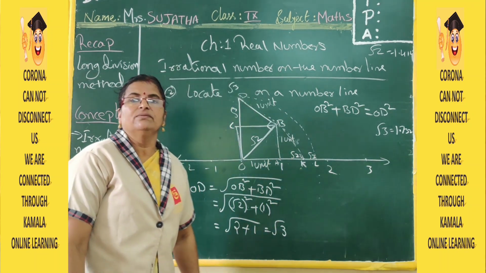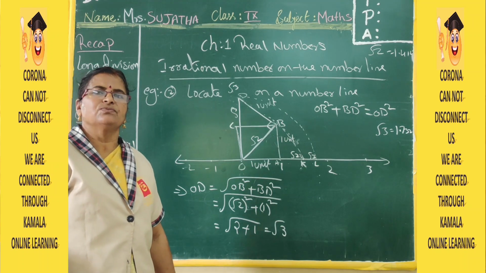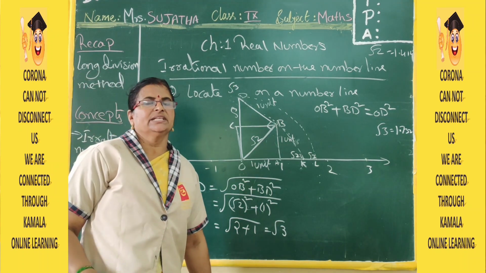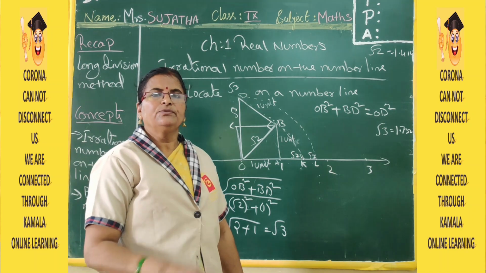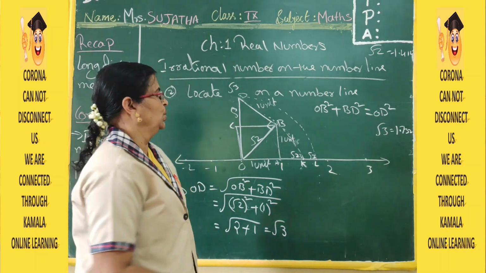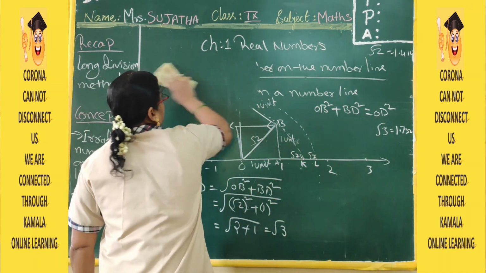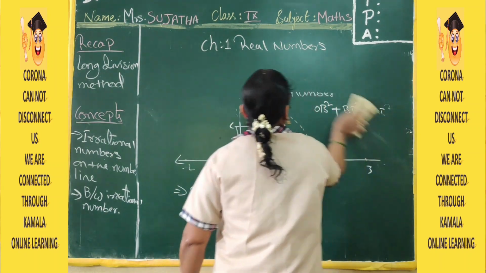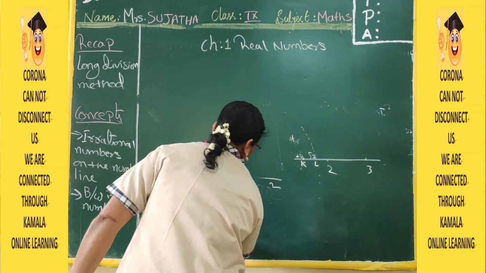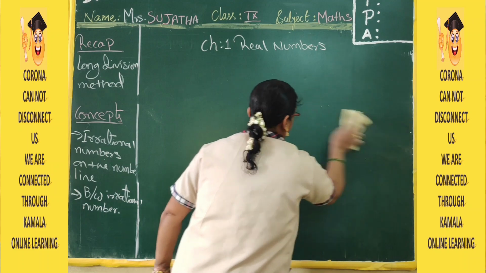Now, rational numbers. Yesterday what we studied, between rational numbers, how can we find? That is using the mean. Okay, here for irrational numbers we have to use root AB. Root AB is to find a number between irrational numbers.